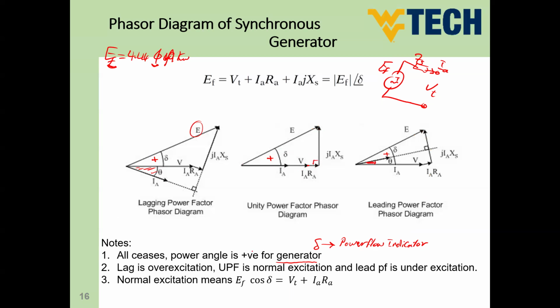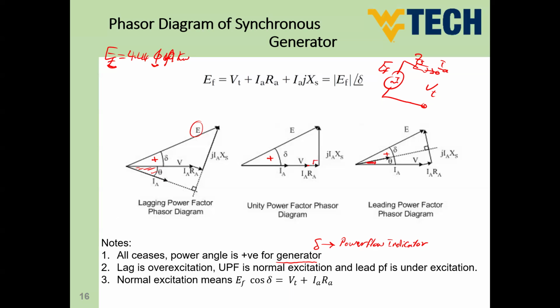So you can say that EF cosine delta equals VT plus IARA. So you can relate the excitation to the value of EF cosine delta. If the excitation is greater than EF cosine delta, this would be over excitation. If the excitation is less than EF cosine delta, this would be under excitation. So we can relate the excitation to the EF cosine delta magnitude.